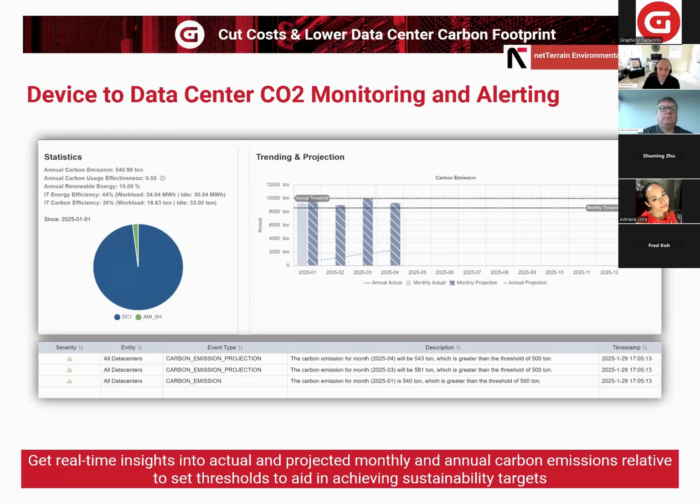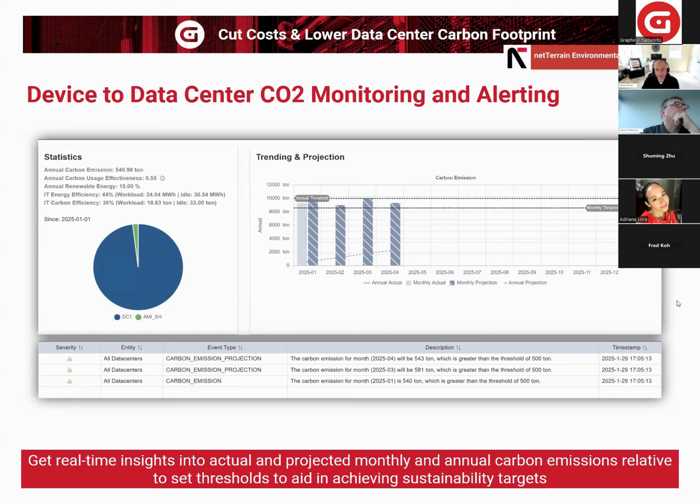So in this case, you're able to see the total, monthly and annual, actual and projected carbon emissions, and you can set thresholds on both the monthly and annual timeframes, and you can set the module to send you alerts as you get closer to those thresholds or as you exceed them, so you can make decisions accordingly and help you reach your sustainability goals.